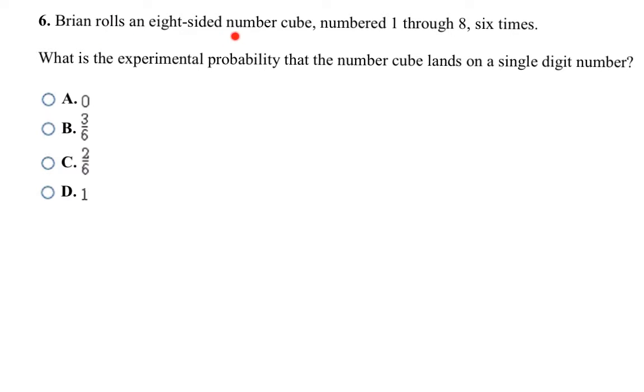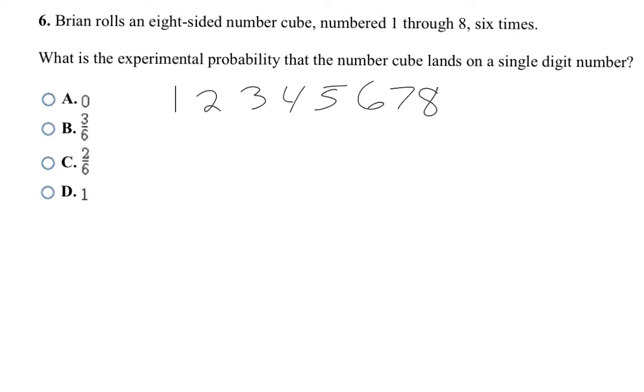Brian rolls an 8-sided die cube numbered 1 through 8. So this one now has 8 sides, and he rolls it 6 times. What is the experimental probability that the number cube lands on a single-digit number? So he's rolling this, and he has the numbers 1, 2, 3, 4, 5, 6, 7, 8.